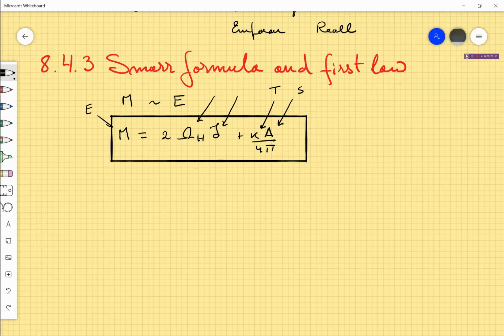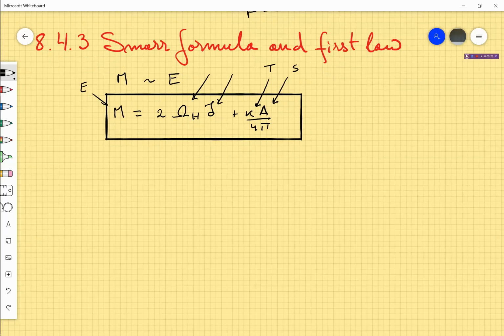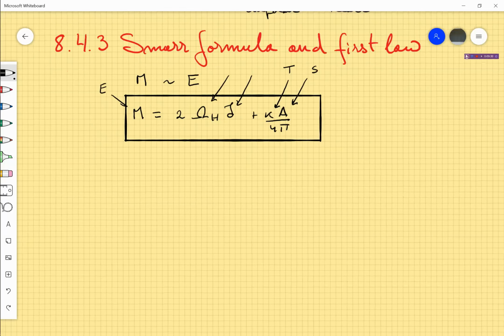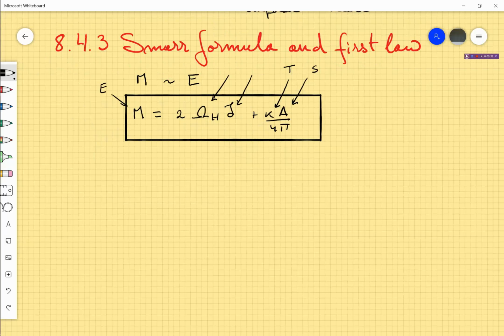So it smells like a thermodynamical relation. But this is not yet a first law, because a first law tells you how M varies when all these quantities vary. I have to say that if you consider the Kerr-Newman black hole, there is another term that you have to add, which is the electrostatic potential at the horizon times the charge. So it looks like another chemical potential that appears there.